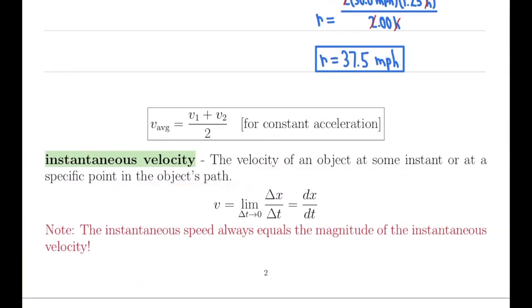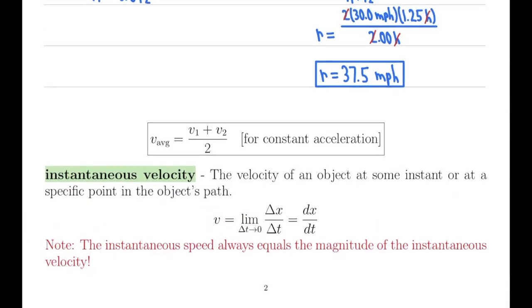So we're letting the time interval go to 0, and the average velocity will approach the instantaneous velocity, which I'm calling v. The great thing is that instantaneous speed is always equal to the magnitude of the instantaneous velocity. So you just take the absolute value of the instantaneous velocity, and you get the instantaneous speed.